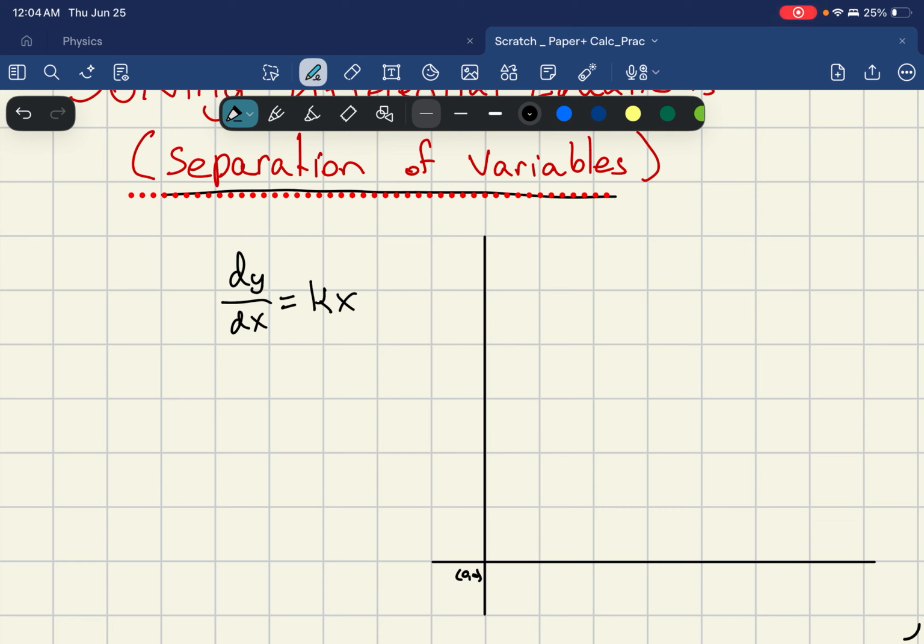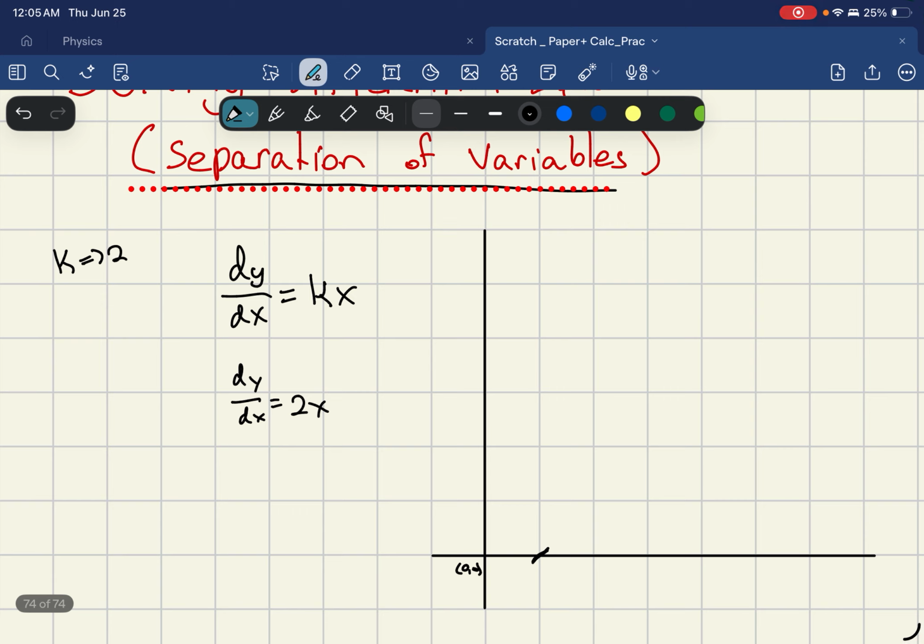If my value of x is 1, that's going to equal k. We'll pretend k is a positive constant, and just say for now k has a value of 2. So dy/dx is equal to 2x. Okay, great. What does that mean?